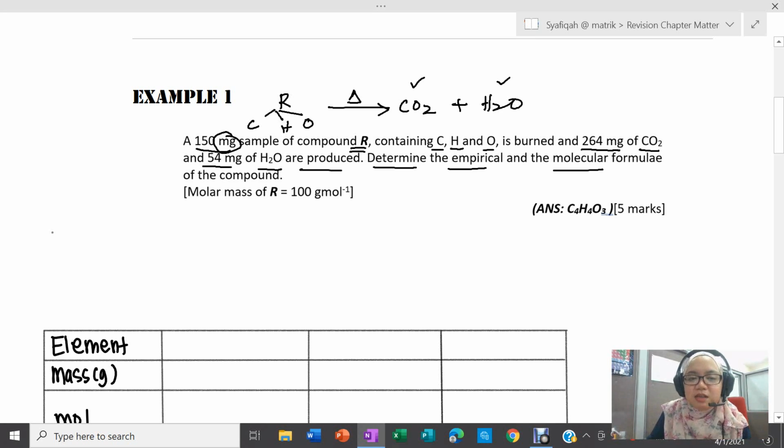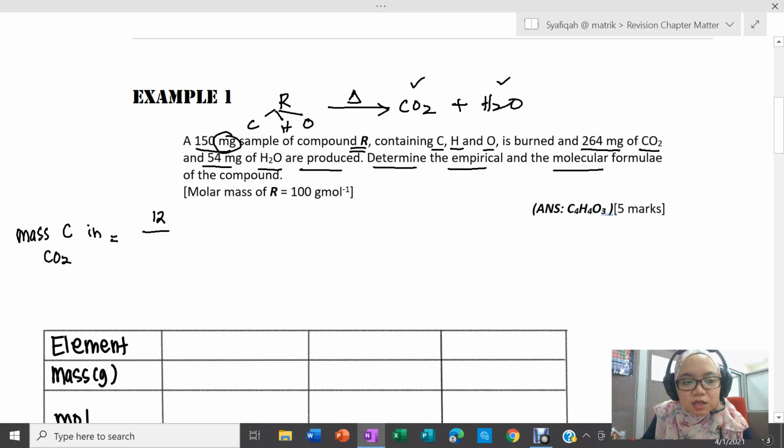Okay, so let's do this together. Okay, kita cari dulu mass carbon. Mass carbon in carbon dioxide. So, ada berapa carbon dalam ni? 1 je kan. So, carbon punya molar mass is 12. Okay.